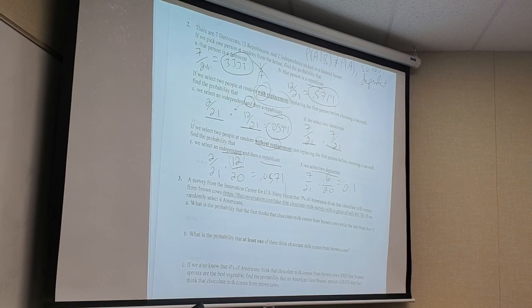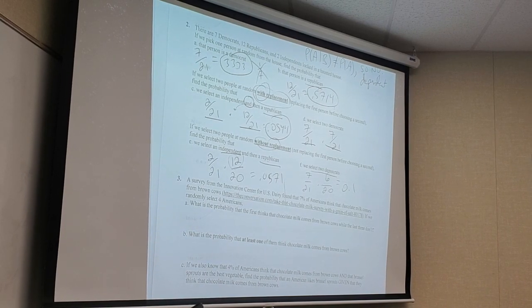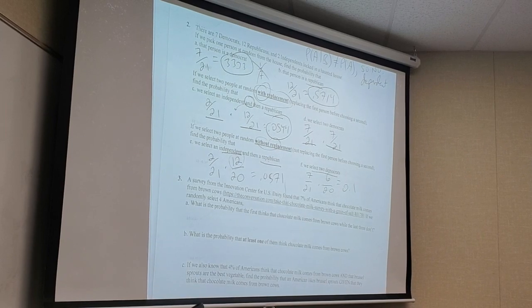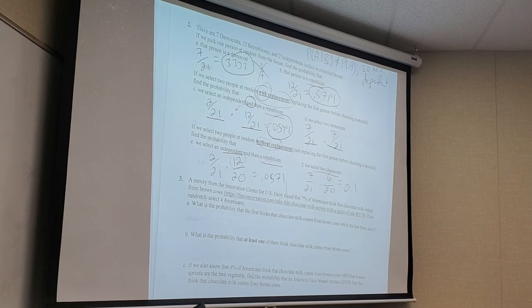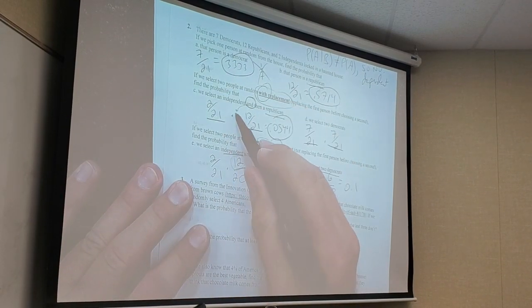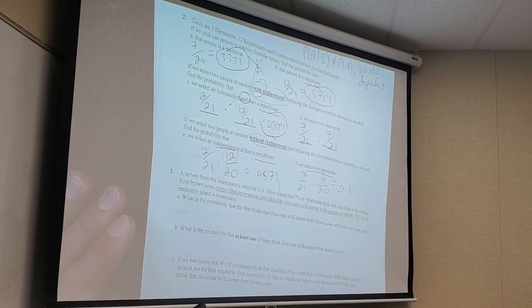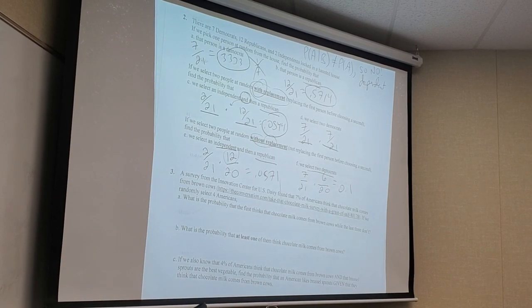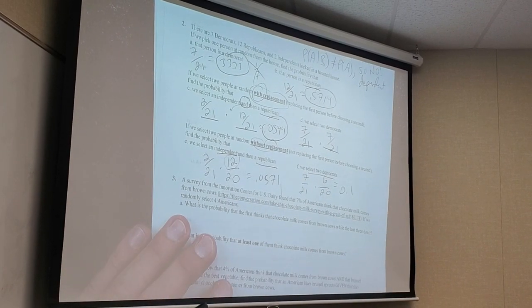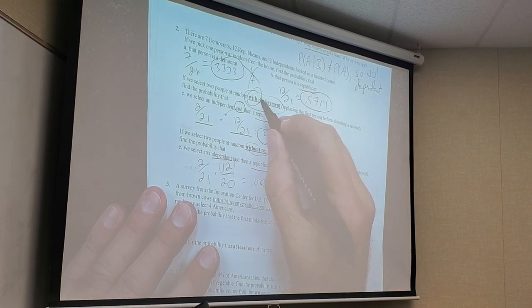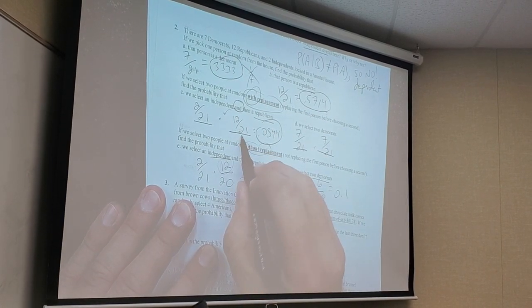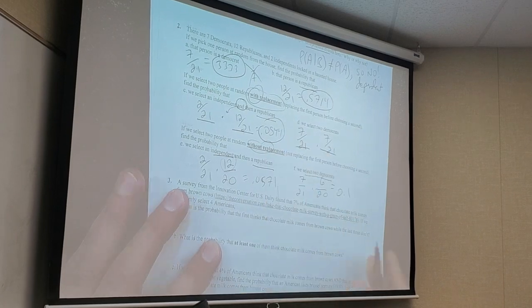That sounds weird, but I'm looking for people who identify as independent. And how many of them are there? 2. There you go. So there's a 2 out of 21 chance that the first person I pick is an independent. And times, I put them back in. And that's why the next probability doesn't change. The probability of the Republican is still 12 out of 21, like we got earlier. Okay.